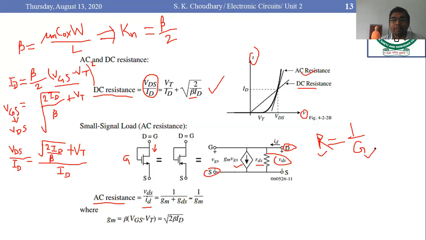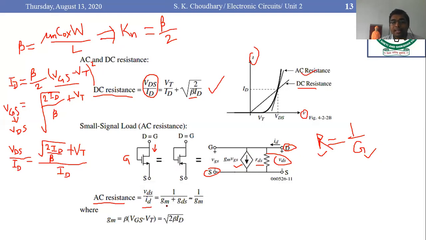So here we would use the same thing. As we know, as per Ohm's law, V upon I is resistance, so I upon V is transconductance, or R is equal to 1 upon G. So instead of writing the resistance, we can write it like this: 1 upon conductance, and conductances in parallel would be added.